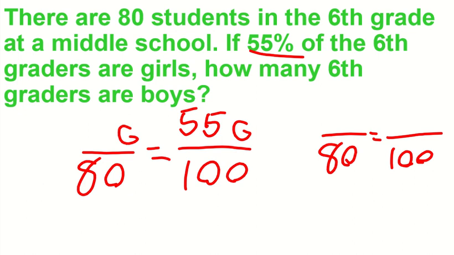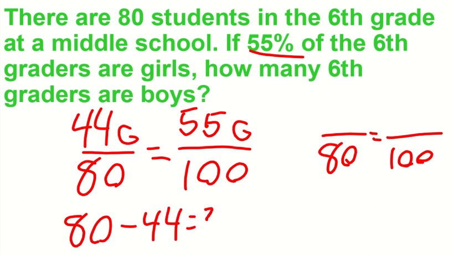So when you do that, you do 80 times 55 divided by 100. That's where you get the 44. Okay? But it's 44 girls. So you subtract 80 minus 44. That equals 36. And that'd be your answer.